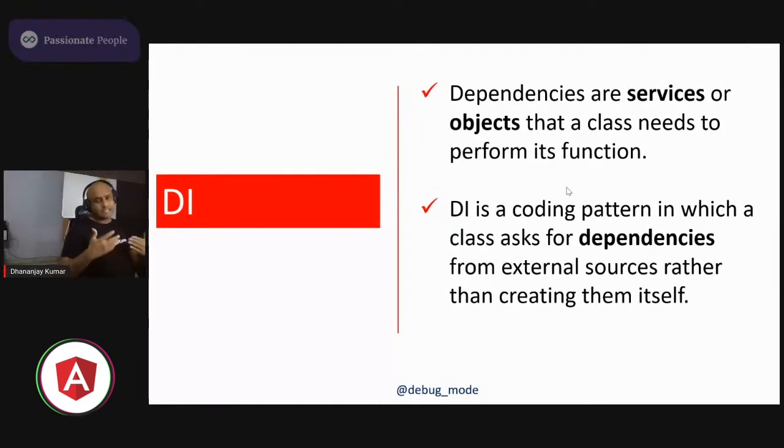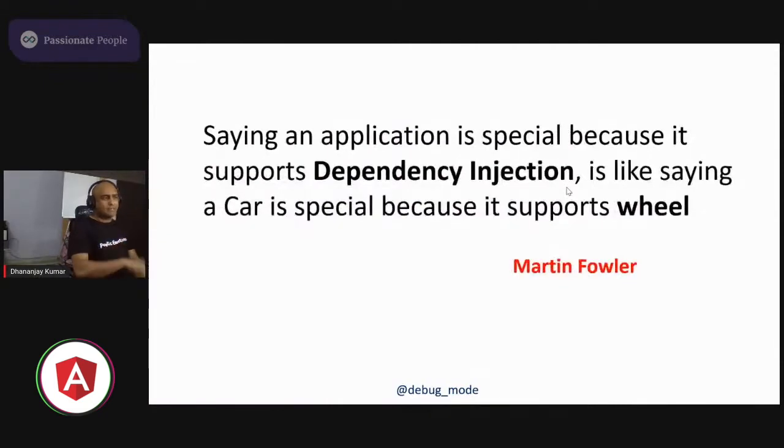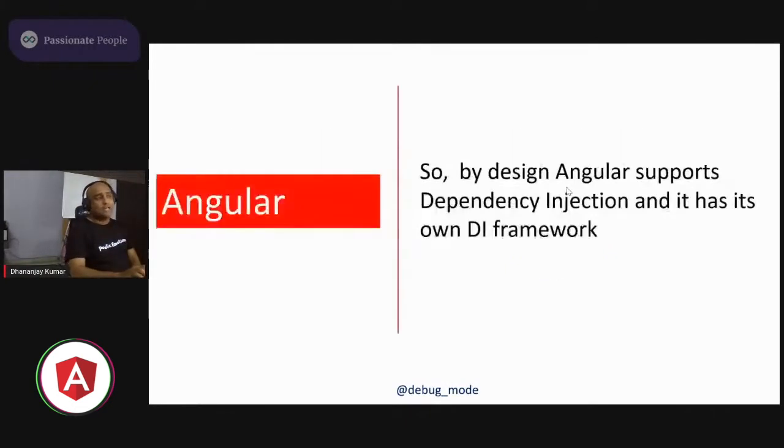It would not create that object directly, and it would ask some external entity, which is called a DI container, to create that object. And Martin Fowler, who first came up with this idea of dependency injection, says that saying an application is special because it supports dependency injection is like saying a car is special because it supports wheels. So every application should have dependency injection in it.